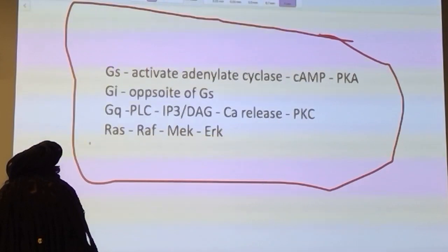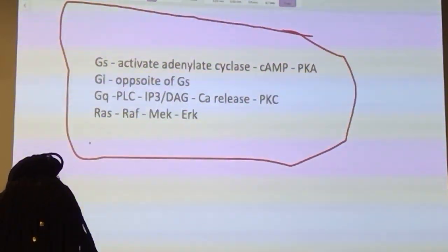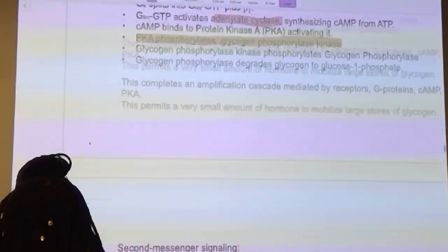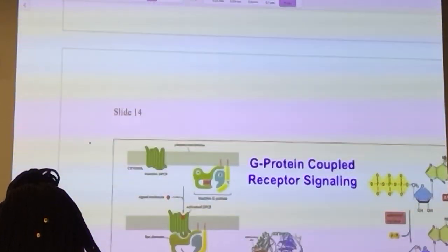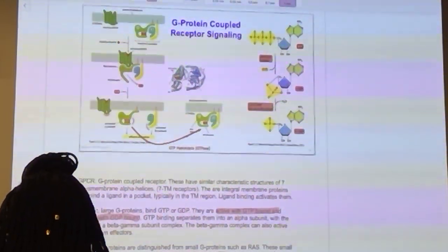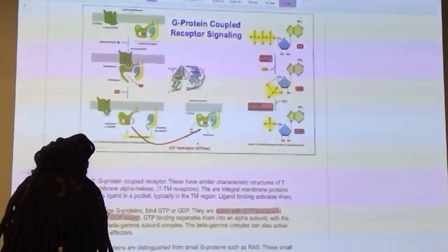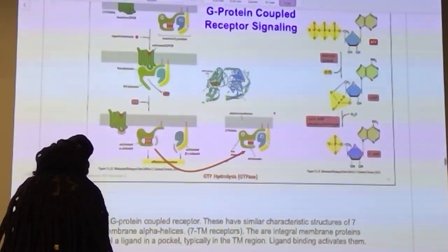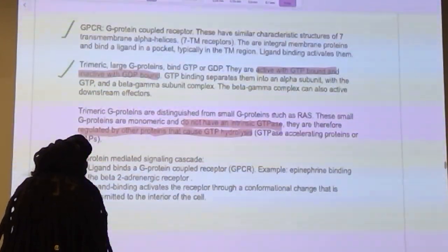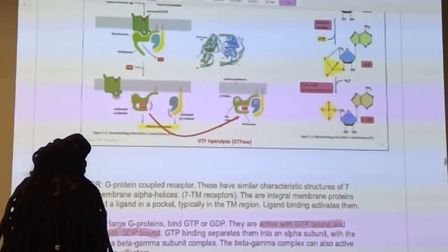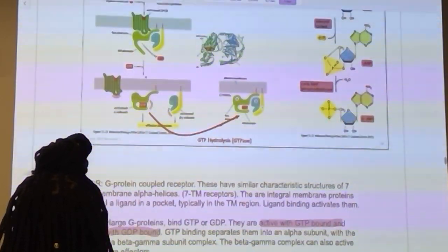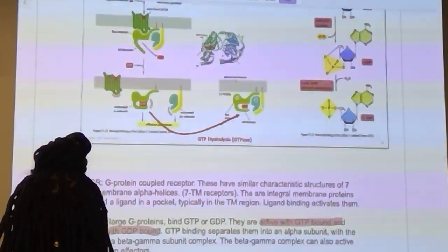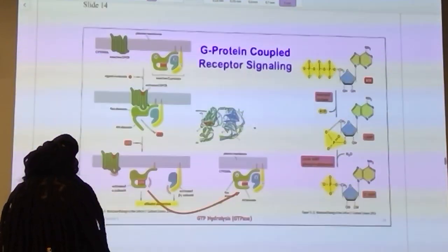Anyone need more time? Okay, what is this? I guess just know that GTP activates it, GDP inhibits it.